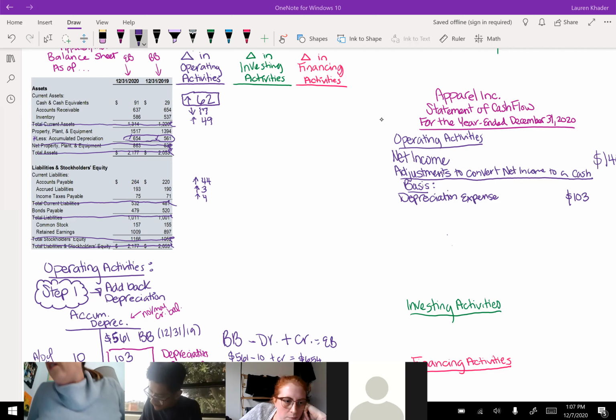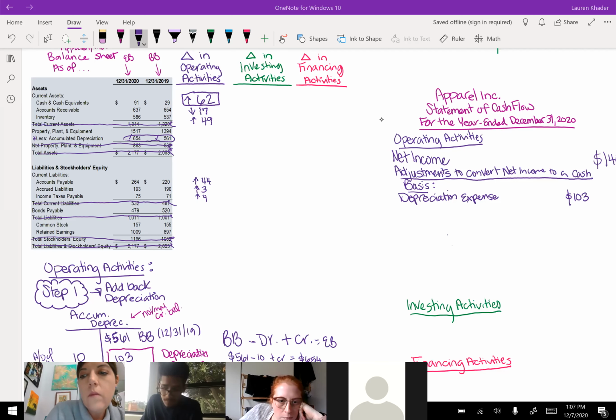Now, we're going to go back to our statement of cash flow with this information. And we're going to go in order. So accounts receivable decreased. So we're going to write decrease in accounts receivable.